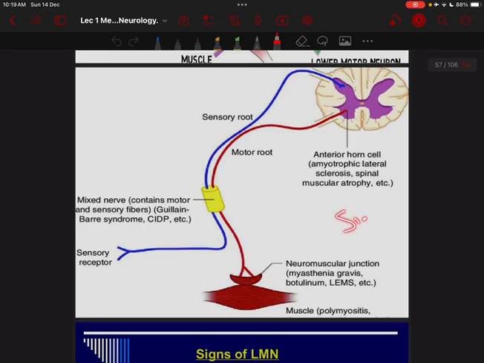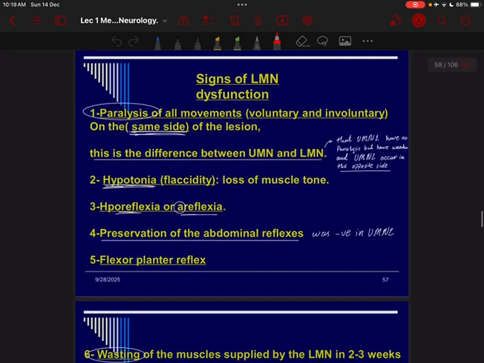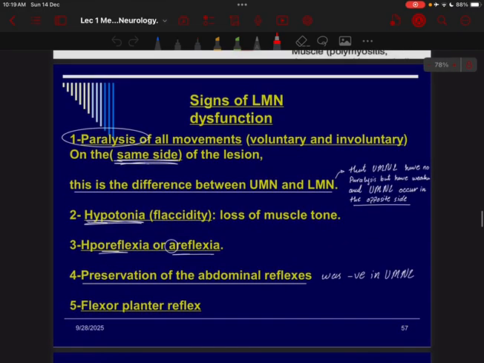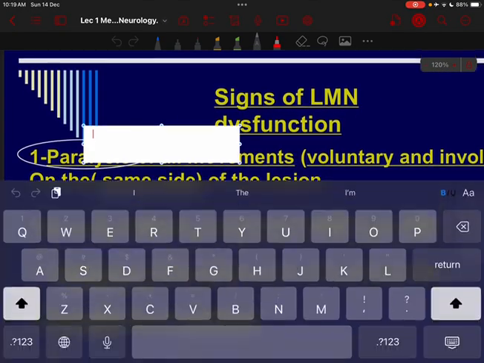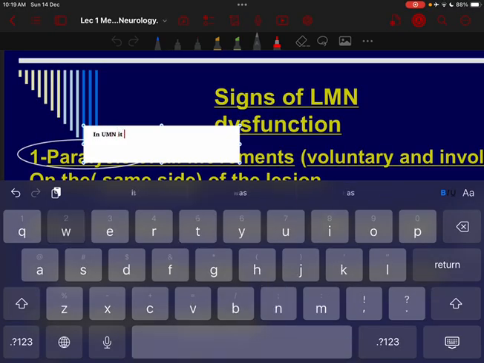Number 1, weakness and paralysis of all movement. تذكروا بالupper motor neuron some of the movement. هذا بالlower motor neuron all the movement, voluntary and involuntary, on the same side of the lesion. Unlike the upper motor neuron, on the opposite side of the lesion.